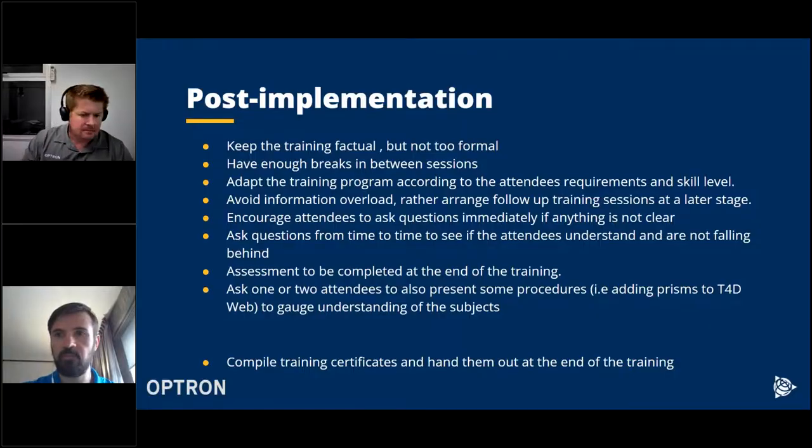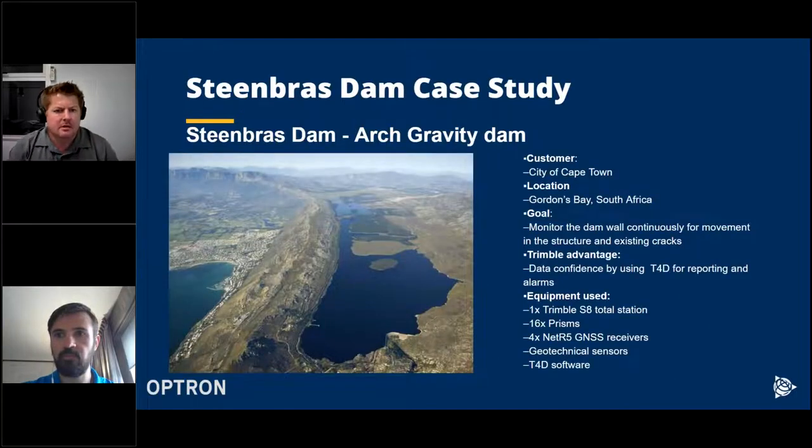Okay, so next we'll do a case study of Steenbras Dam, of the monitoring system we've installed there. Steenbras Dam consists actually of a couple of dams. The main dam is an arch gravity dam. The owner of the dam is the City of Cape Town.